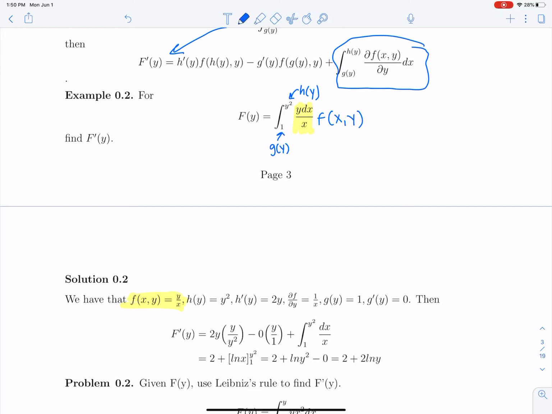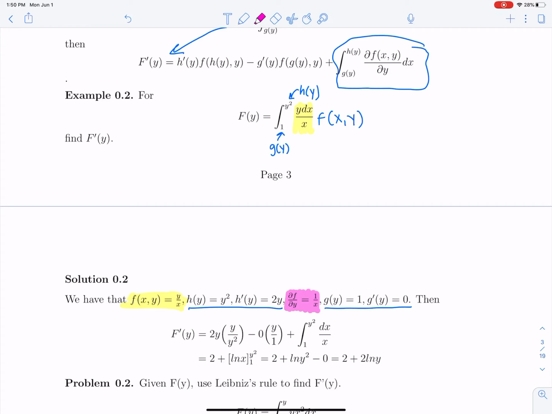So these are probably self-explanatory. Same thing with 1 and 0. The one thing that I am going to point out here is you will have to take a partial derivative of f with respect to y, because they want f prime of y. We are only concerned with the y.